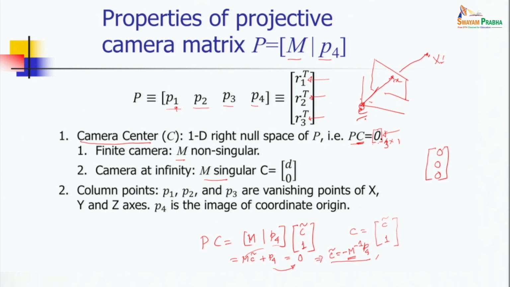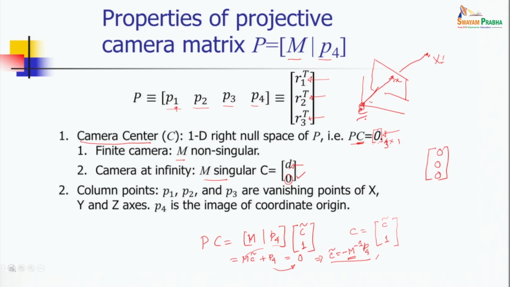We will mostly see that in that case it is a direction that is specifying the camera center. That means projection rays become parallel. So C would be, in the homogeneous coordinate system, in the form where the scale value would be 0, which means that this is a direction in 3 dimensions itself. We will discuss it further and clarify these points.